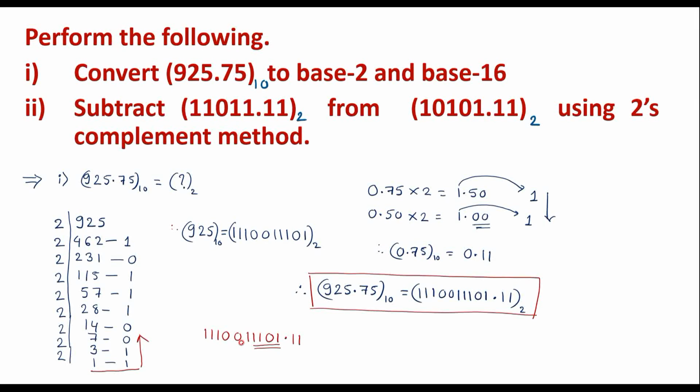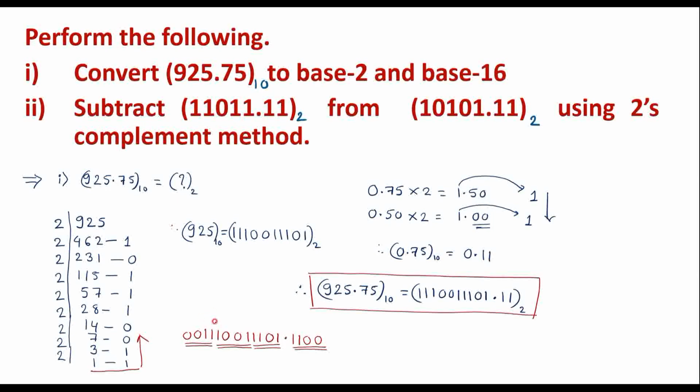In the second group we are having 1001, that is this is the second group, and here in the third group we are having only 2 bits. Add 2 more zeros here, we will make it the third group. Similarly here we have only 2 bits, add 2 more zeros and do the grouping right from the decimal point, that is this is one group.